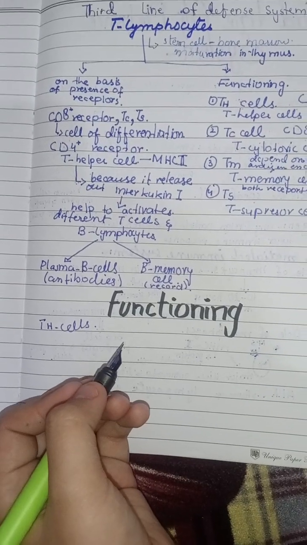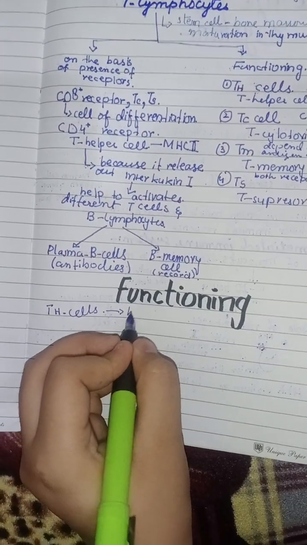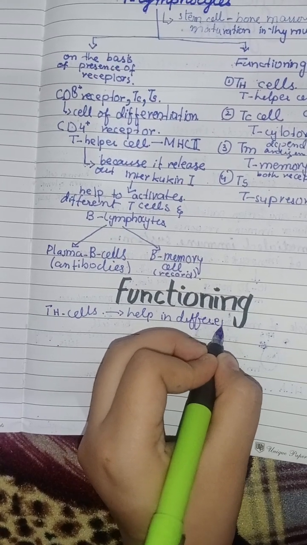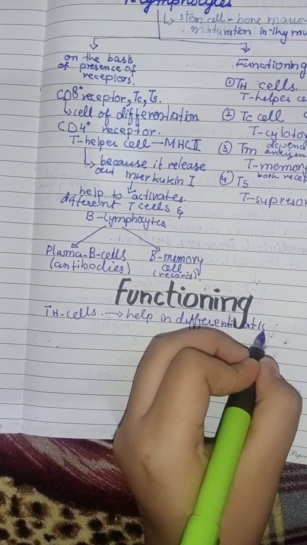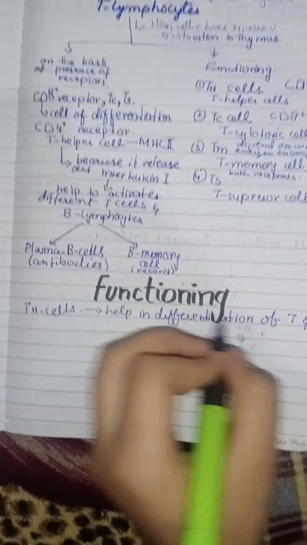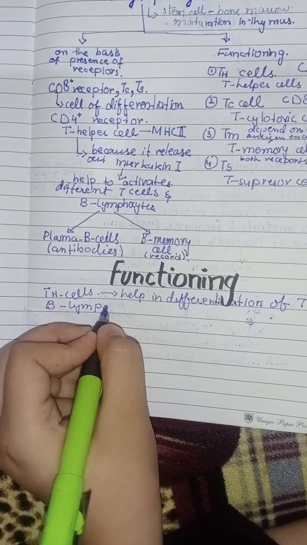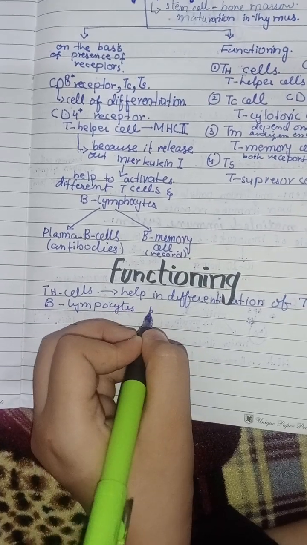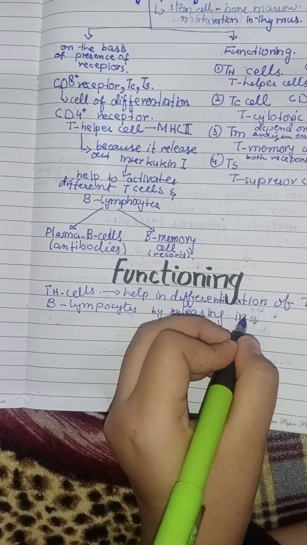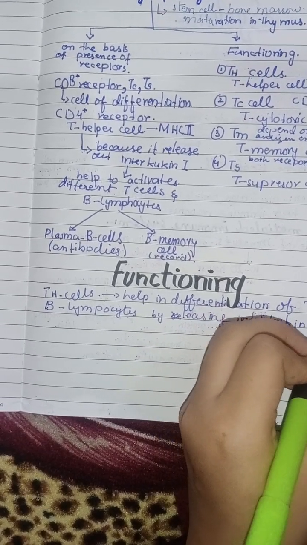These will help in the differentiation of T and B lymphocytes by releasing interleukin 2.